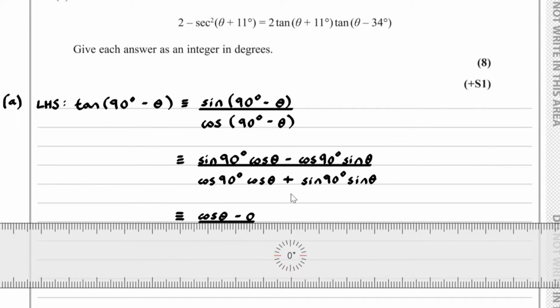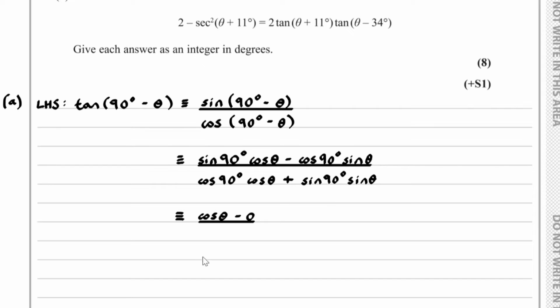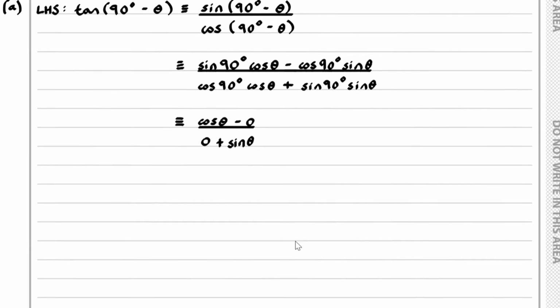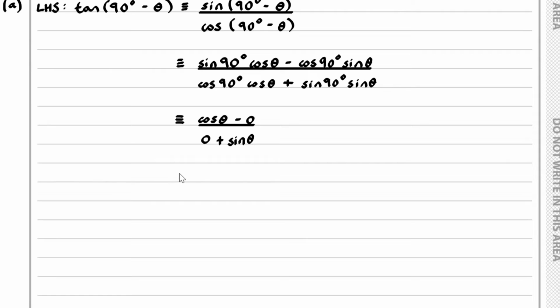And then cos of 90 is 0, so we've got 0 times by cos theta, which is 0. And then we add on sine 90 times sine theta, and sine 90 is 1. So we've got 1 times by sine theta, which is sine theta.